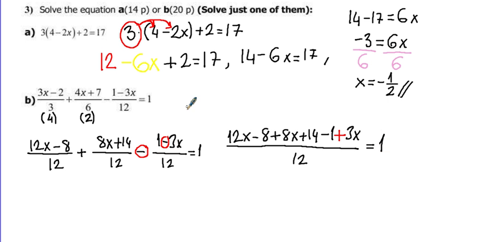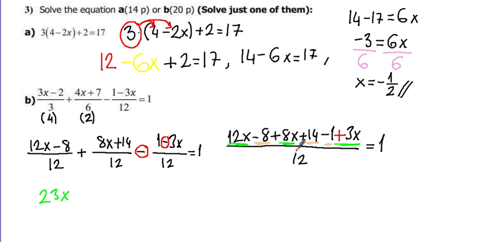Okay, and let's combine the like terms. We have 12x here, we have 8x, and we have 3x. Together we will have 23x, and we have negative 8 and plus 14 and minus 1.